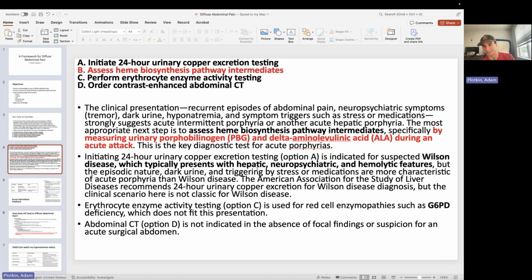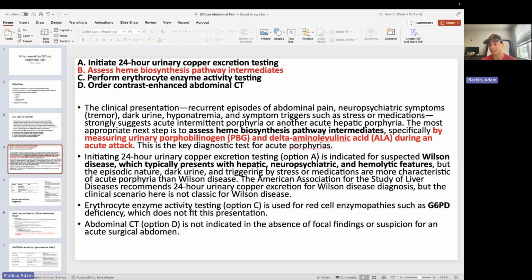Remember, that disease is due to copper overload, right? The copper gets stuck in the liver, it overwhelms the liver, it gets out, can make its way up to the basal ganglia, can make its way into the eye, and then cause those Kayser-Fleischer rings. I'll cover Wilson's disease in another lecture at some point, maybe when I talk about different liver diseases, we'll talk about it then in more detail.